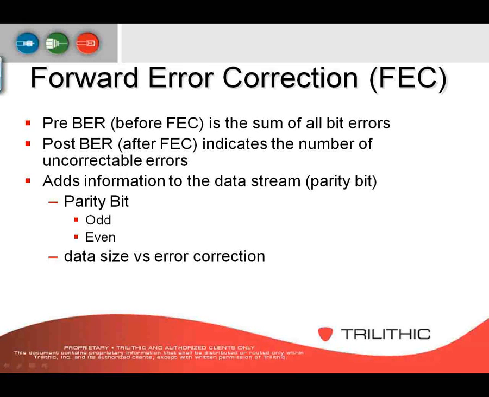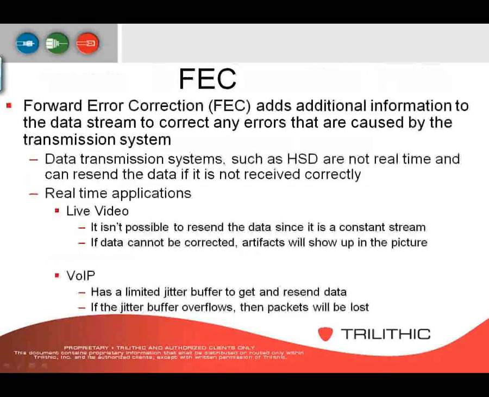Both odd and even parity bits are added to that particular data stream, and that's what the forward error correction uses to make the corrections. The FEC adds that additional data into the stream, and then it's able to correct the data, or correct the actual constellation itself.